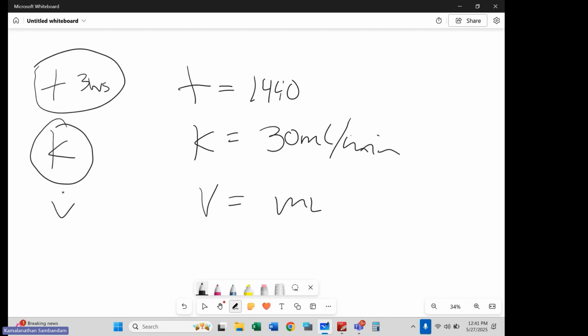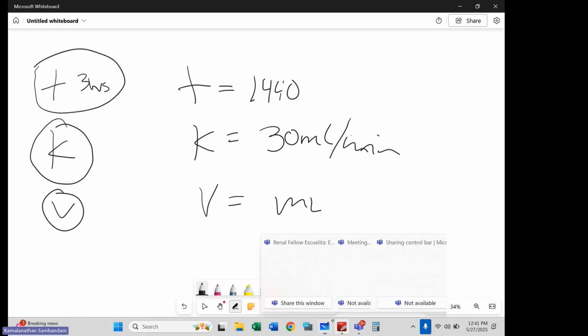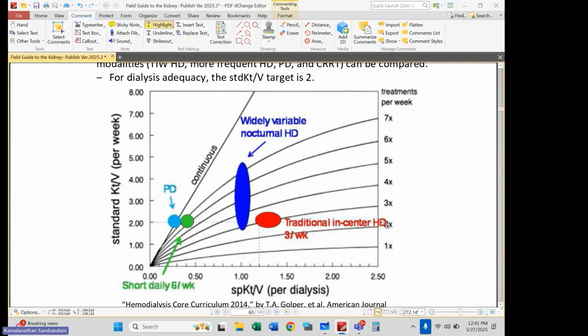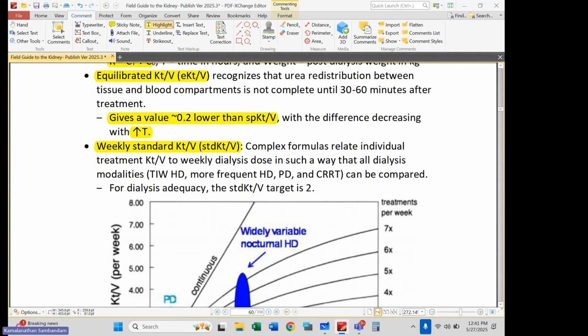And their V is still the same V that you should be familiar with. So you should be able to prescribe home hemodialysis and modify that according to how frequent you and the patient agree to do dialysis. Standard weekly KTRV allows you to do all of those things.